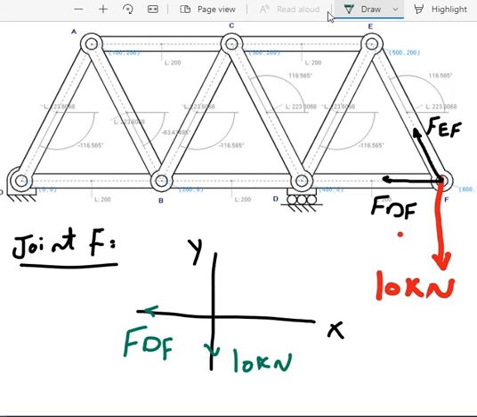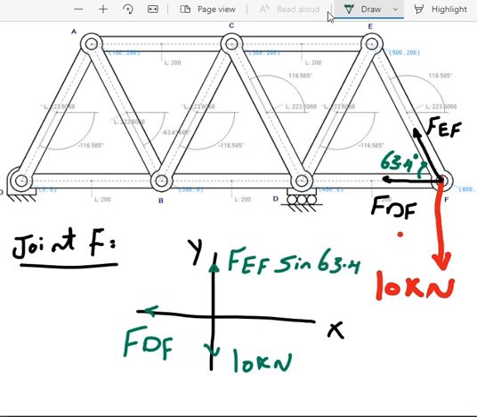Here we have an angle theta. This angle, if you calculate it, will give you 63.4 degrees from the horizontal. Okay, so here we have force EF sine 63.4.